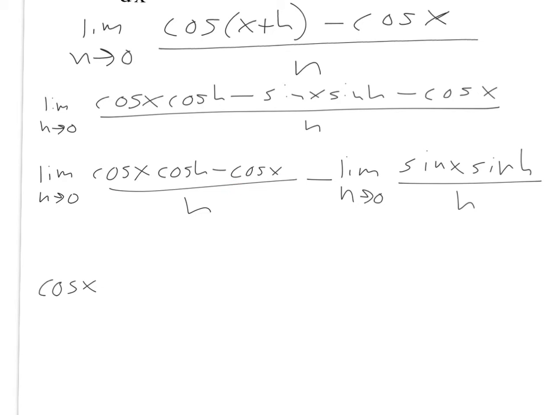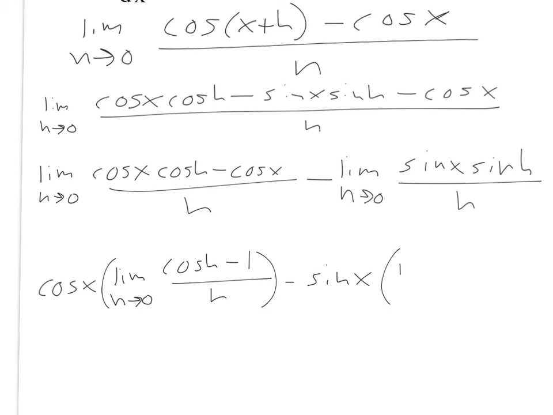So I can pull the cosine x out of both of these, leaving me with the limit as h approaches 0 of cosine h minus 1 over h minus, and here I can pull a sine x out, so minus sine x times the limit as h approaches 0 of sine h over h.